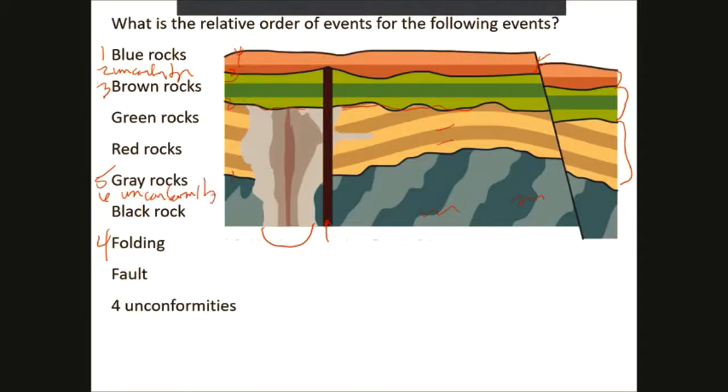Then we have the green rocks, more sedimentary rocks. Then another unconformity. That's an unconformity. Then we have the red rocks. And then we have, oh, nope, I missed something.